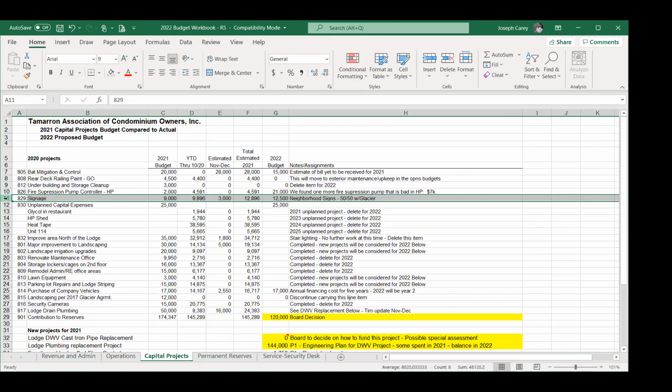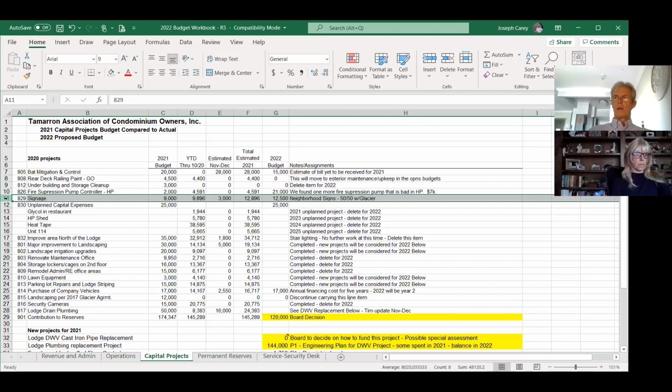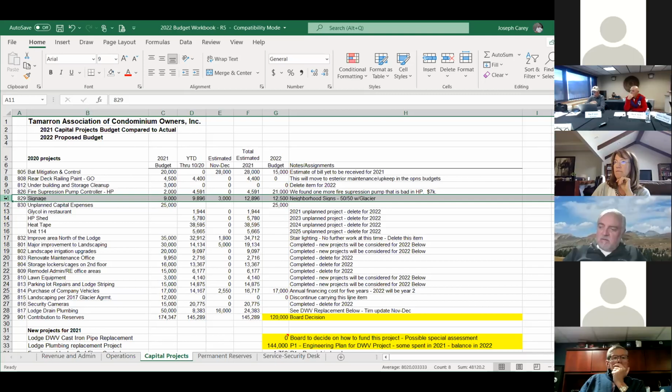And then up to the north off Tamaron Drive, where the junction with Glacier Club Drive is, that little monument sign goes away and gets replaced with the sign that says High Point Maintenance, Glacier Club. That's about a $25,000 ticket, and we agreed to go half and half with Glacier on that. Correct.